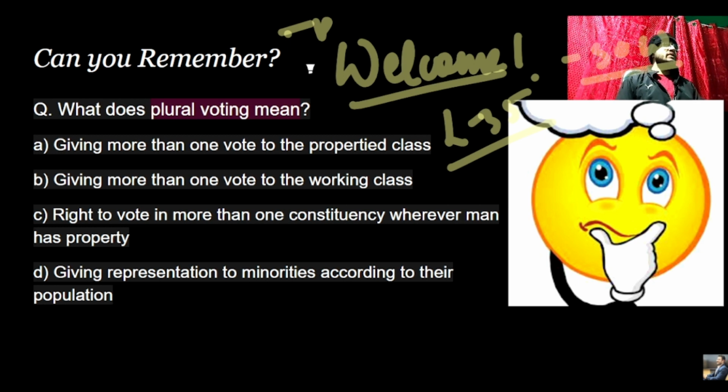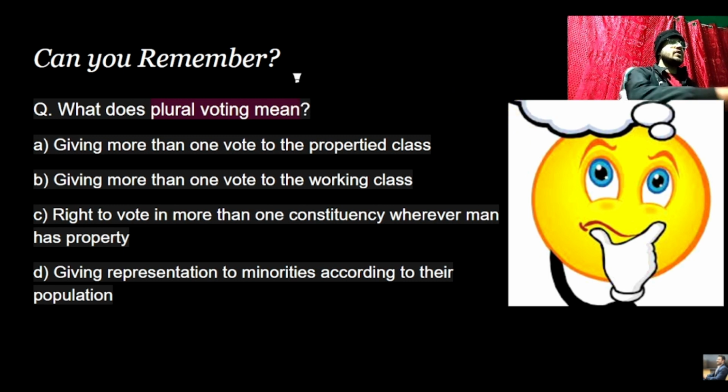We will do this particular set of quizzes, and you will get 10 seconds to answer each question. Make sure to mention your answer in the comment section. I will read them and I will also respond to you. Let's get started. As you can see, the first question: what does plural voting mean?